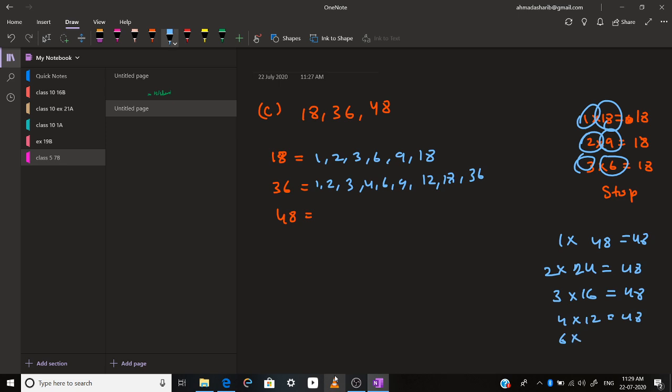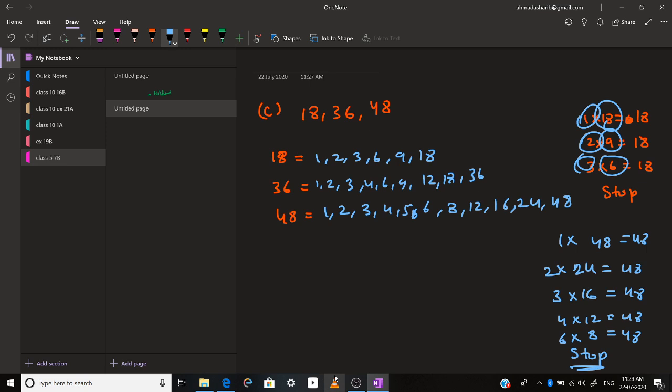Then 6, 8 is 48. And in the 7th table 48 doesn't come. After that 8 is there, but 8 is already written. So stop here. So the factors of 48 are 1, 2, 3, 4, 6, 8, 12, 16, 24 and 48.